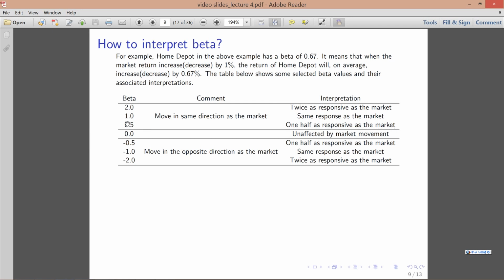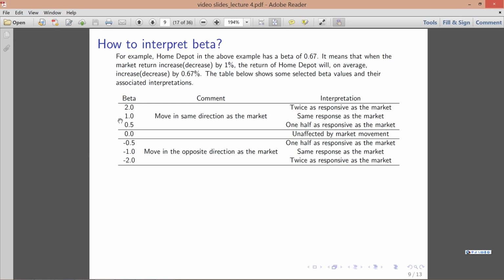So when the market return changes by 1%, on average, this asset with a beta of 0.5, its return changes by 0.5%. And if beta is 2, that means when the market return changes by 1%, this asset's return changes by 2%. Or when the market increases by 1%, this asset's return increases by 2%.